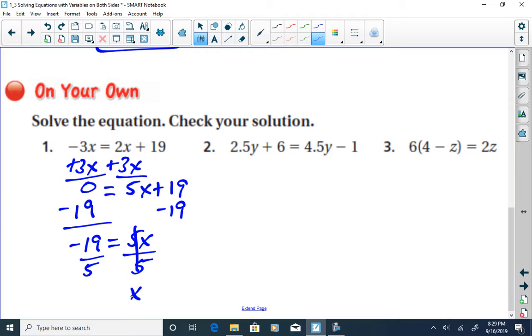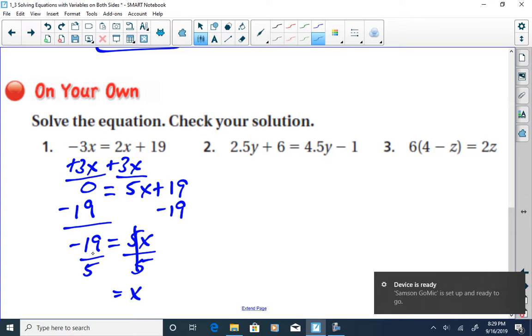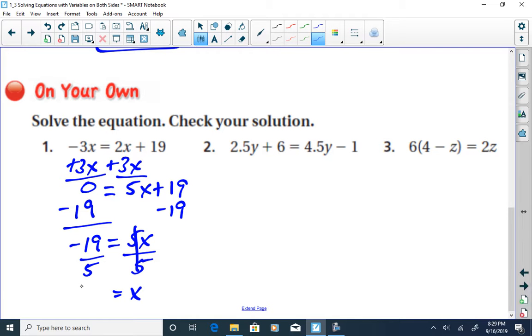We wind up with x is going to be equal to, what's that, 5 times 3 is 15, 5 times 4 is 20, so leave it as negative 19 over 5. You could write it as a mixed number, you could write it as a decimal, but negative 19 over 5 is going to be fine. Let's try our next problem.